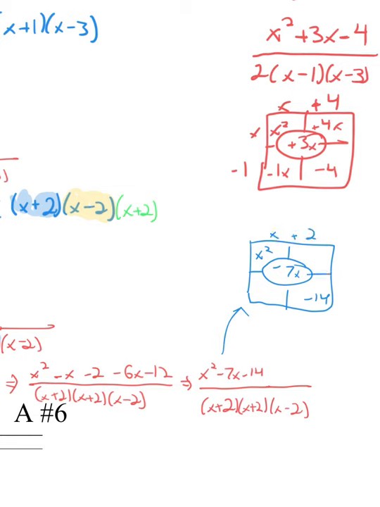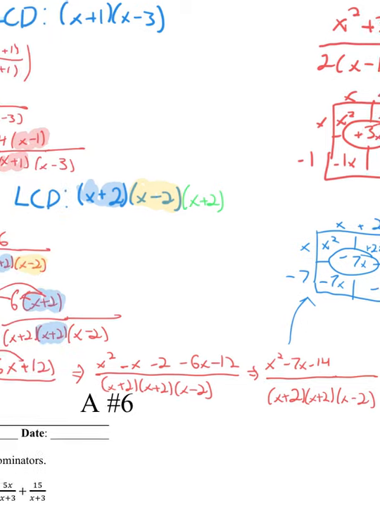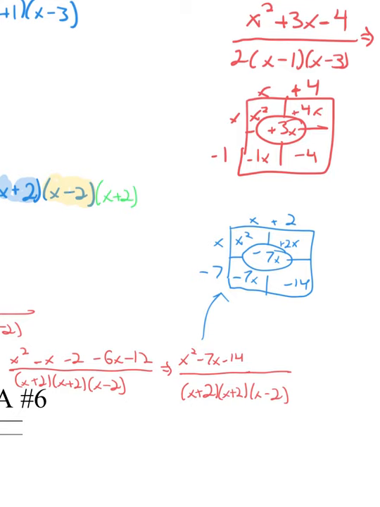So if it's an x plus 2, that means I'm going to need an x minus 7 over here. And right now it looks like that's not going to happen because that would give me a negative 5x in the middle. And I think I did that right. Negative x minus 6x. Yeah, so that's not going to work. And then if I did x minus 2, it would be an x plus 7, and that's not going to work either. So this is as simplified as this expression should get, I think.